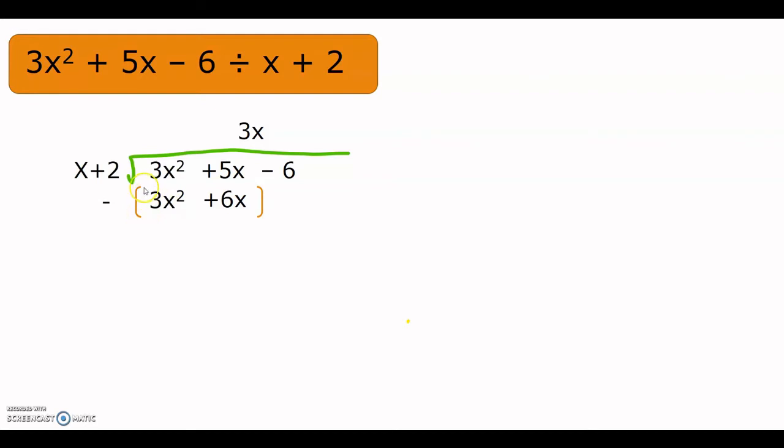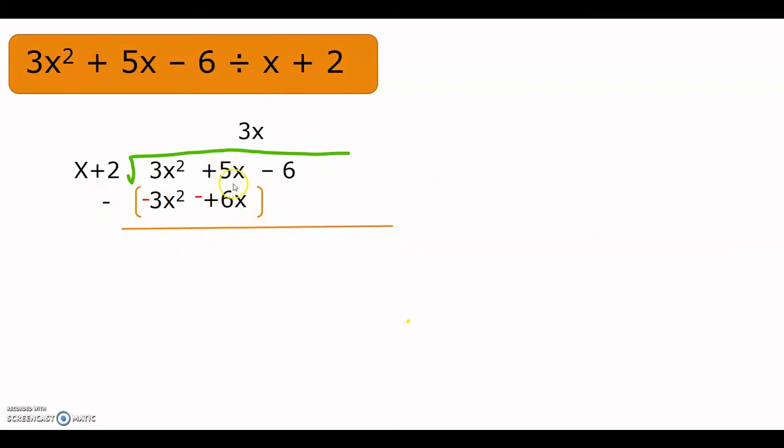So we will enclose this set of polynomial in parentheses. So positive 3 times negative, it will be negative. So 3x squared minus 3x squared is 0. And here positive 6 times negative, it will be negative.